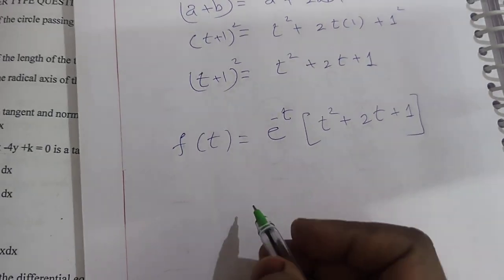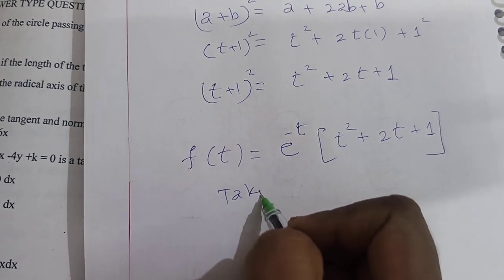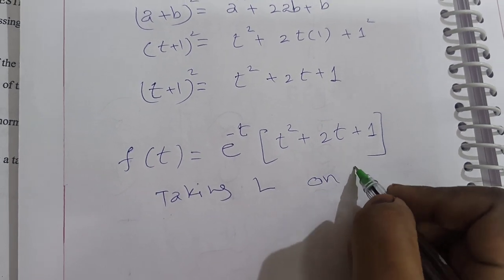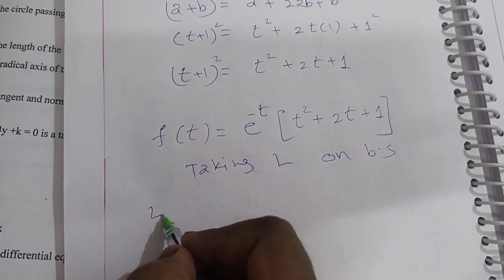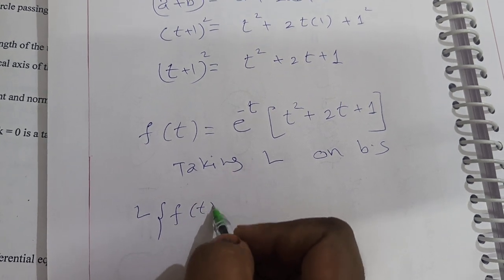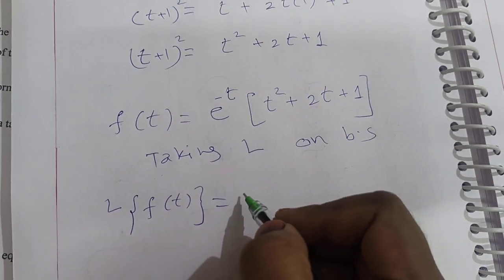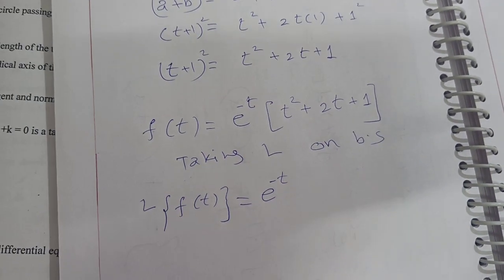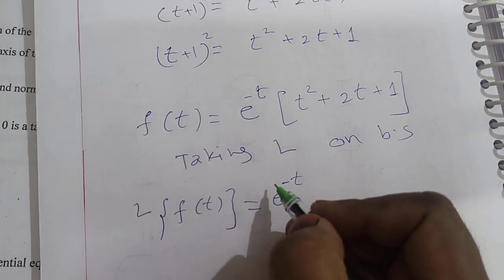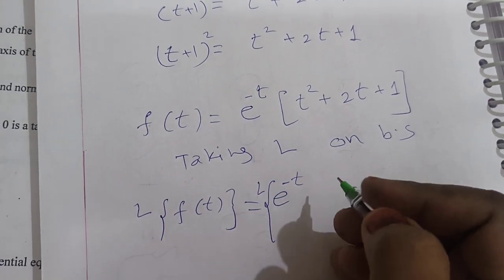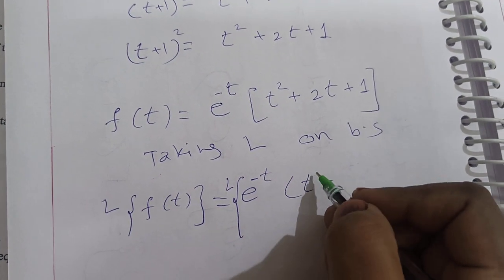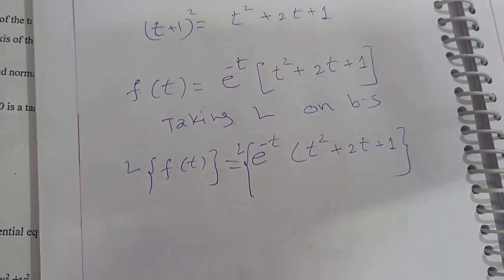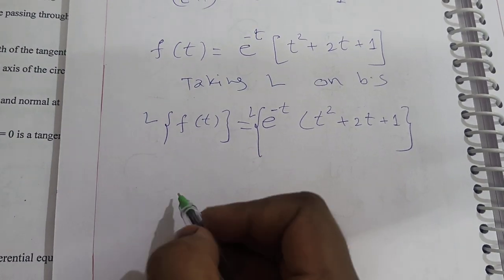Now taking the Laplace transform operator L on both the sides. L of f of t is equal to L of e power of minus t, we are keeping as it is, into t square plus 2t plus 1. Now we will separate each term.